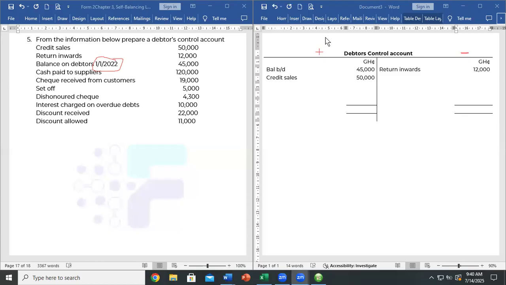Okay, so I was saying that cash paid to suppliers. Adam gave his viewpoint that this should be credited to the debtors control account. And I'm asking if any of you agree or disagree. So I was seeking to hear from Ella, but I think she didn't hear me that time.